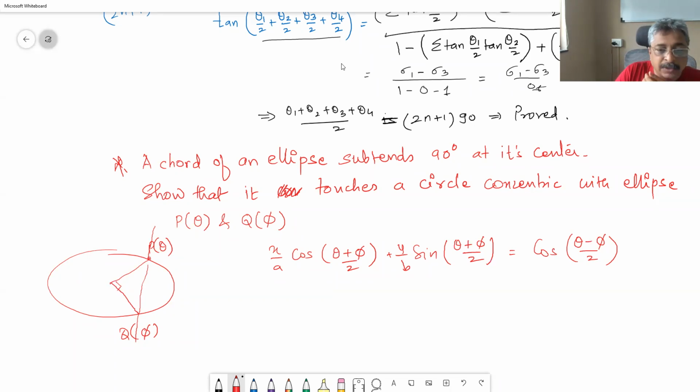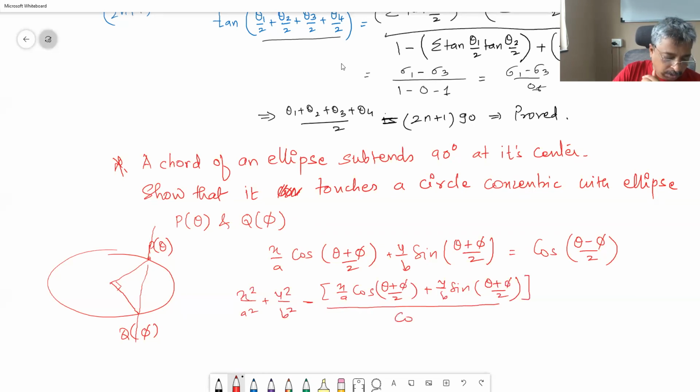Therefore, what you are supposed to do is homogenize with the ellipse. x square upon a square plus y square upon b square minus 1 is to be replaced by x upon a cos (theta plus phi) by 2 plus y upon b sin (theta plus phi) by 2 as numerator, and the denominator is cos of (theta minus phi) by 2.